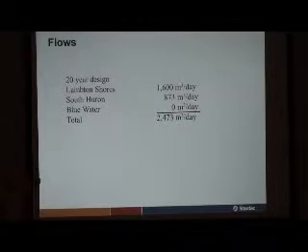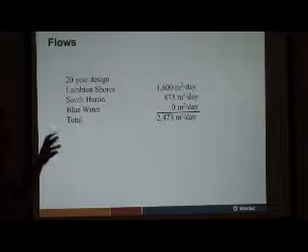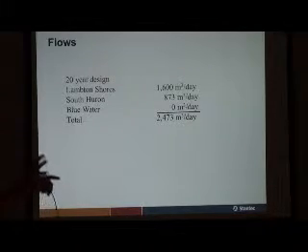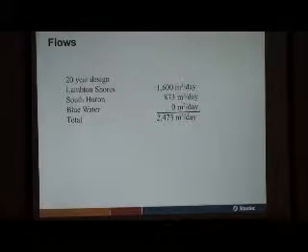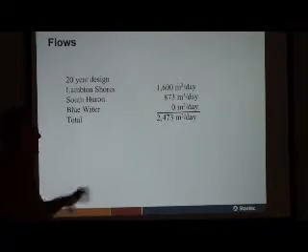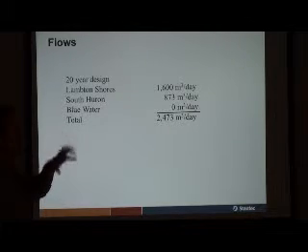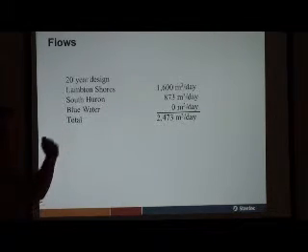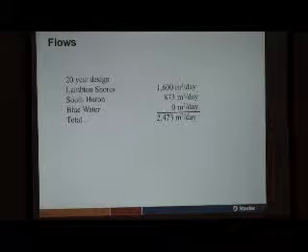For Lambton Shores, that came up to 1,600 cubic meters a day. South Huron came up to 873 cubic meters a day. And you also know that the Blue Water is not part of at least the initial phase of the plant. So that came out to a flow of 2,473 cubic meters a day versus the 4,659 cubic meters a day that the current plant was tendered on. So we're almost looking at not quite half, but almost half the size of the plant.